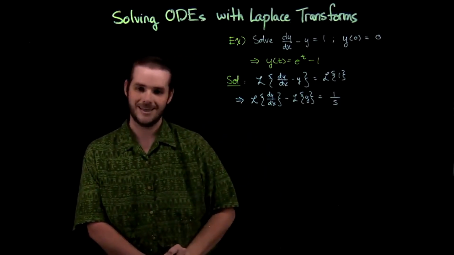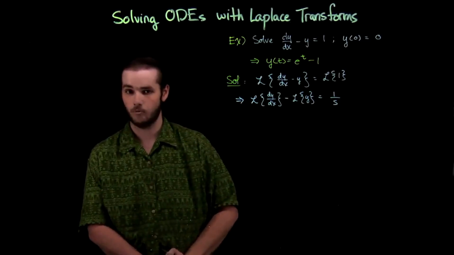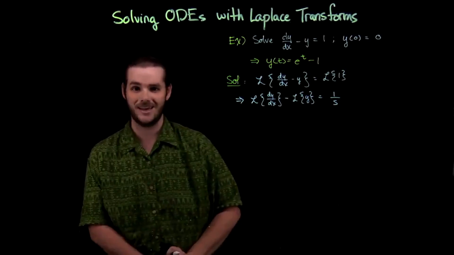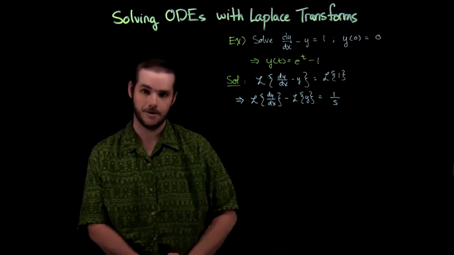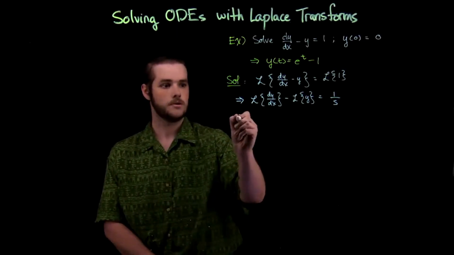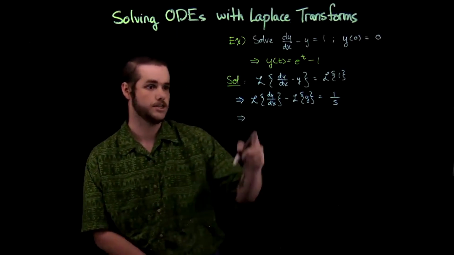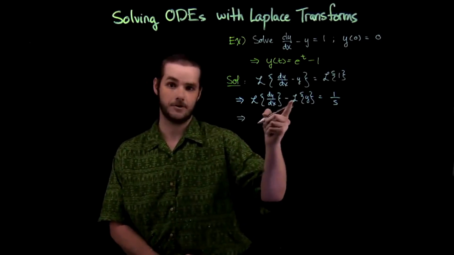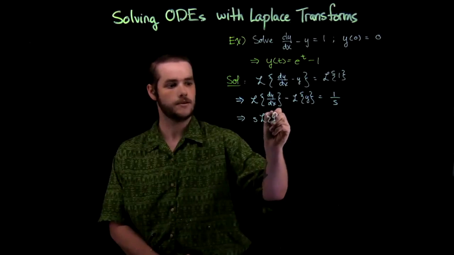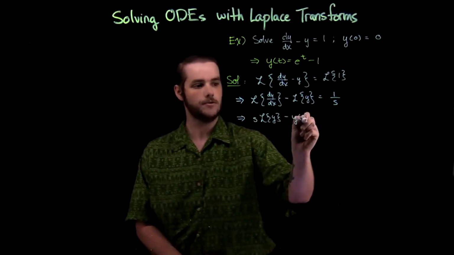Now, the goal here is that I do not know what y is, so I don't know what the transform of y is. But if I could find the transform of y, I can use the inverse transform to get y. So that said, I'm trying to isolate the transform of y. I can use that property of derivatives that we just looked at to write this term as it's the first derivative, so I get s times the transform of the function minus the function evaluated at 0.